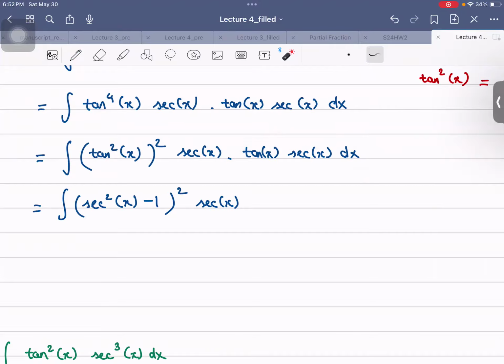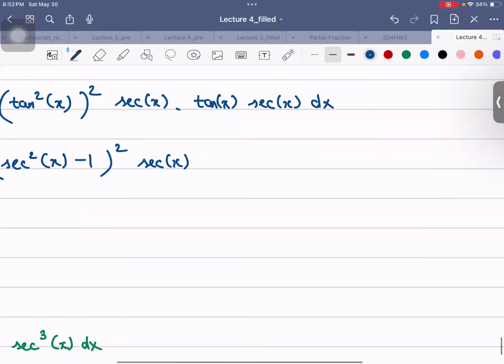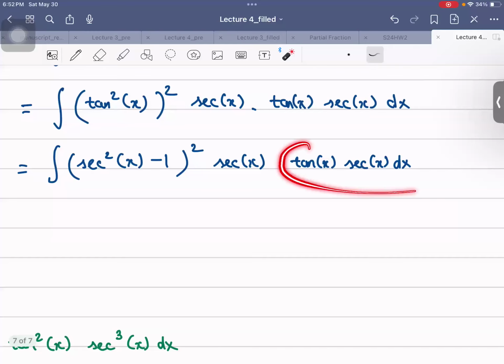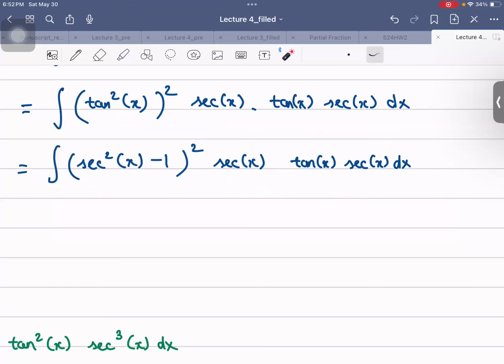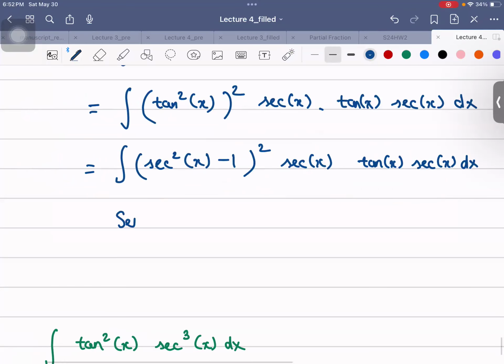This is the thing that's going to appear when you do the substitution. So this is the thing you're going to save. This is the function in terms of secant, so secant is the inner function. I set up u equal to secant of x.